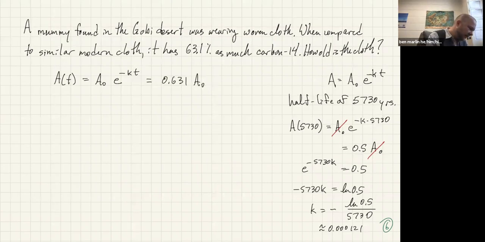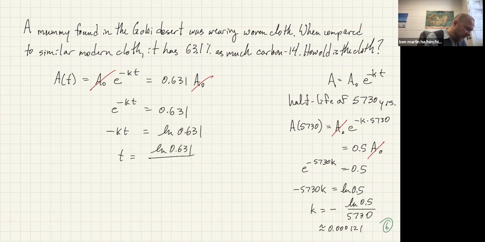And that means if you cancel out the A naught just like before, you can have the e to the minus kt equals 0.631. And then taking natural logarithms, you have minus kt equals natural log 0.631. And t is equal to natural log of 0.631 divided by this negative k.